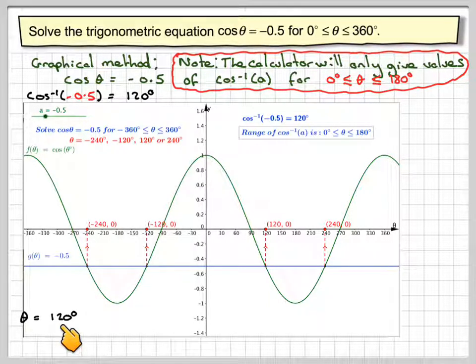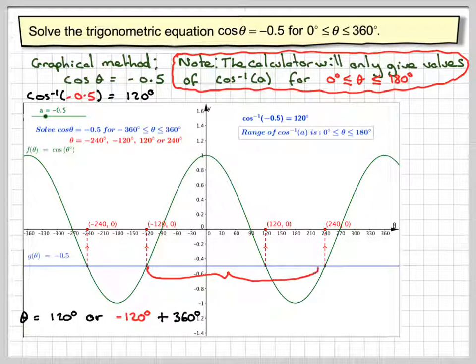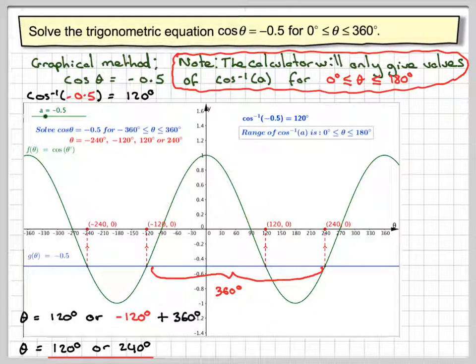So we're going to have that theta, one angle is 120, or the other, you go back to minus 120 and then you add 360, because this period here is 360 degrees, to get the next solution. Okay, that's going to give me 120, or minus 120 plus 360, which is 240.